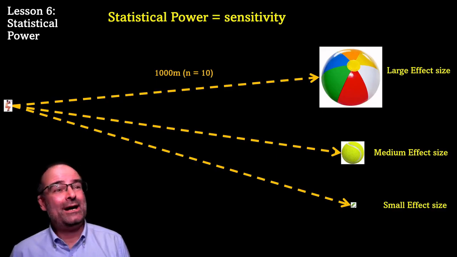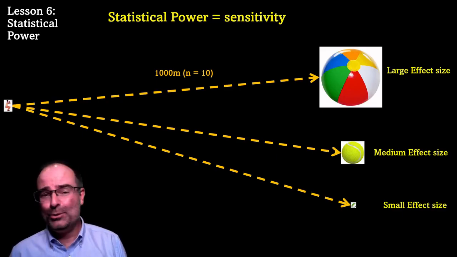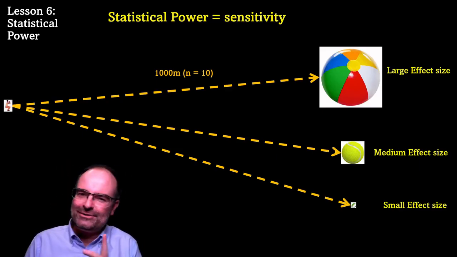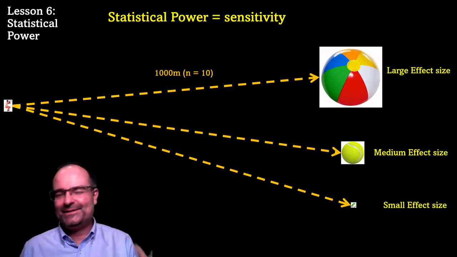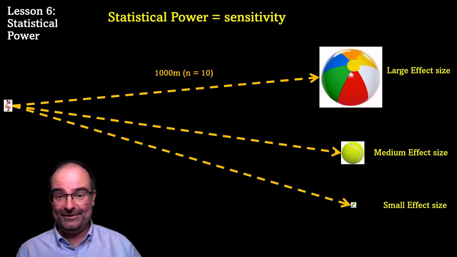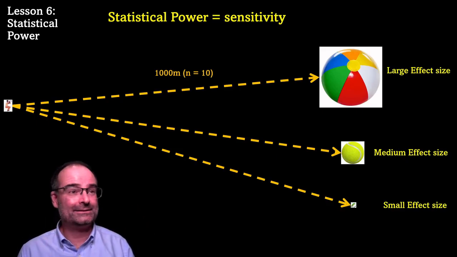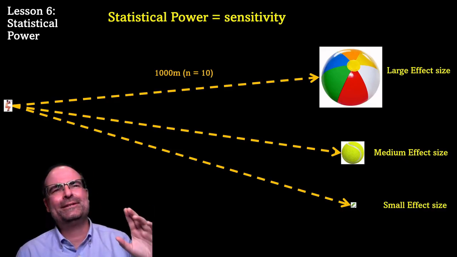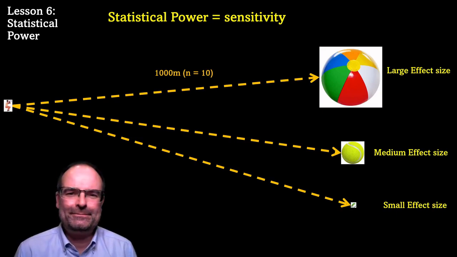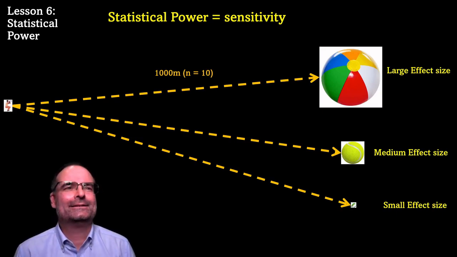So imagine you have a very low power study, sample size is 10. I won't use the word power yet. You have a sample size of 10, which is as if you're very, very far away from these objects. In terms of the probability of detecting a large effect size, you have sufficient power in that sense.